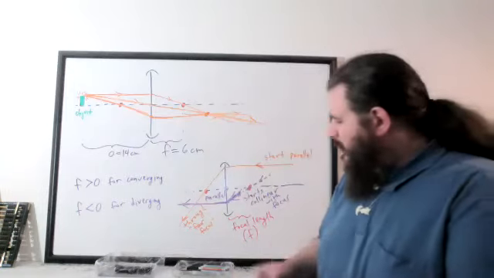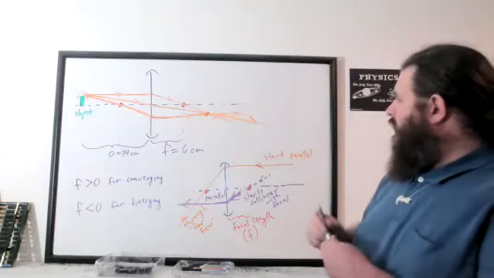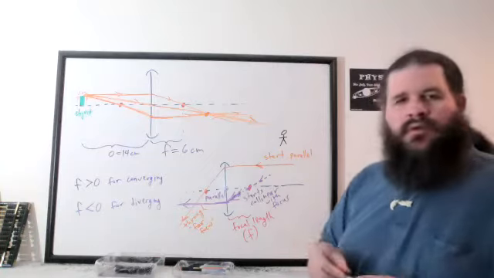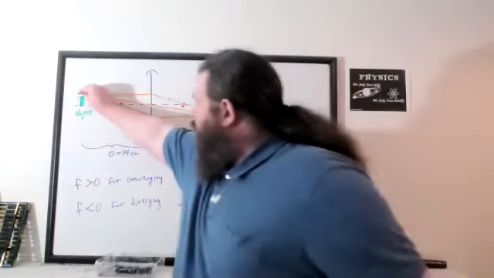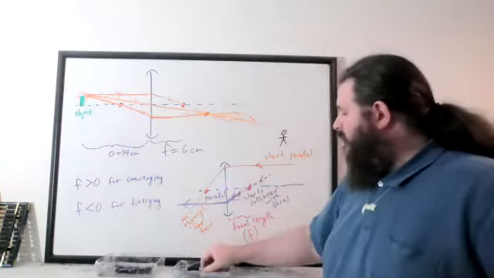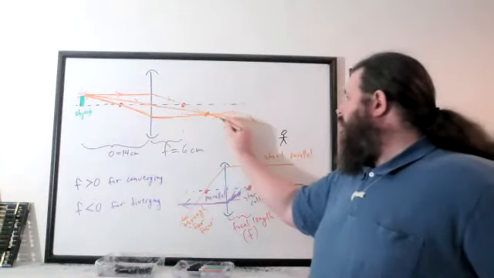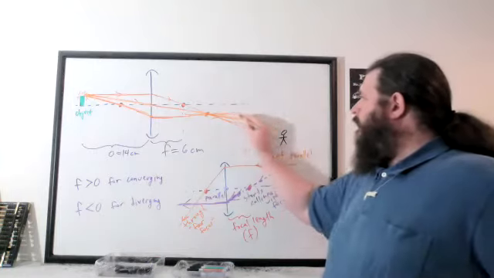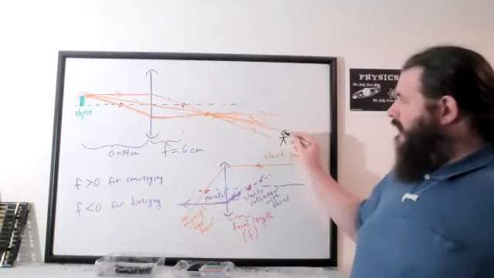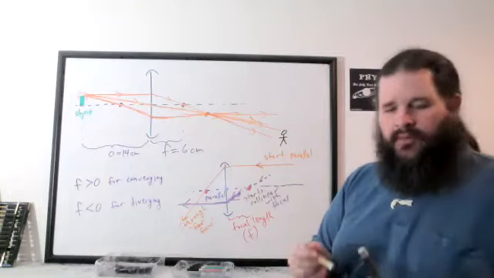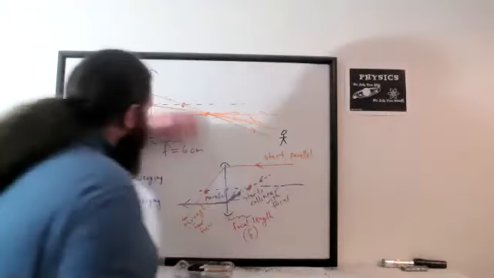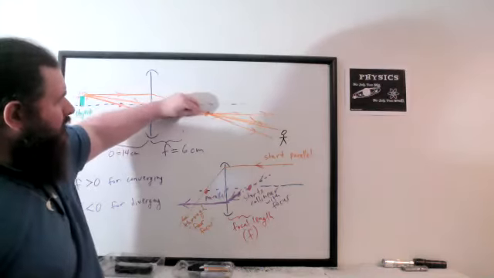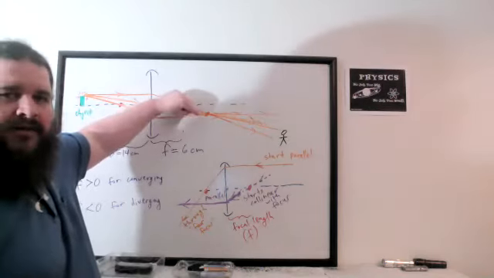Which means if you, as an observer, are standing over here, what you see is not rays of light that seem to be coming from the object. What you see is these final rays of light that, as far as your brain can tell, all seem to be coming from this one point. Ignoring everything else that happened, as far as you can tell, these final rays of light seem to have come from this point.